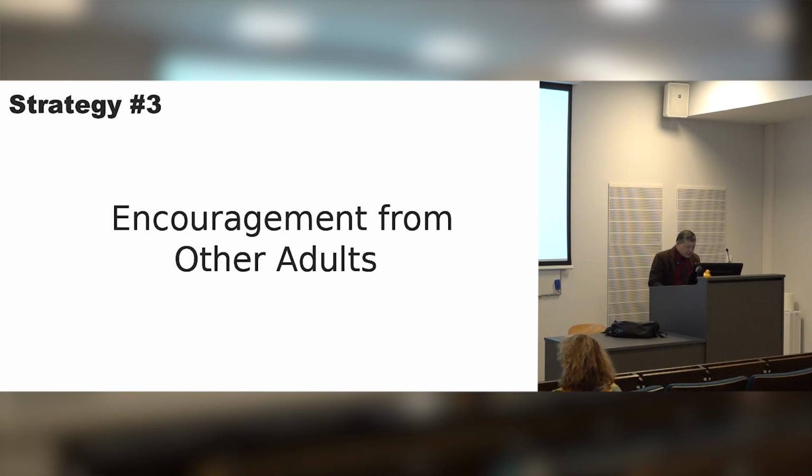So the strategy number 3 is encouragement from other adults. Now this was actually a new one for me. I was actually kind of surprised. I didn't realize until I heard from some students that girls would go into the counseling office where they choose their courses for next year. And some of the deans who had been there for years and years had this idea of computer science that was completely different from what computer science actually is.